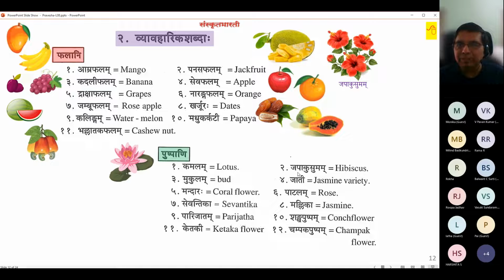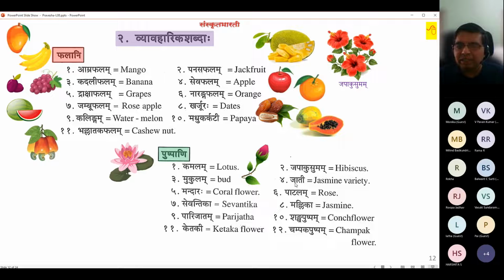Mukulam is a generic term, not any particular flower, a bud. So Kamalasya Mukulam, Japakusumasya Mukulam can be there. Or Mukulam Japakusumam, a bud which is hibiscus. So it's a qualifier.